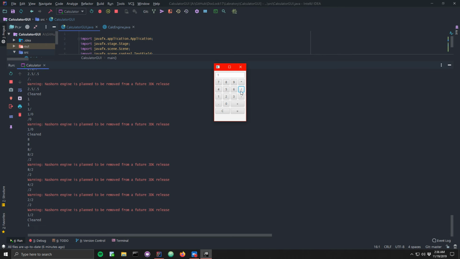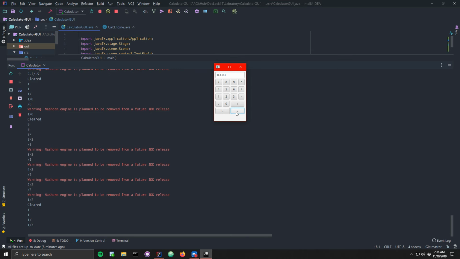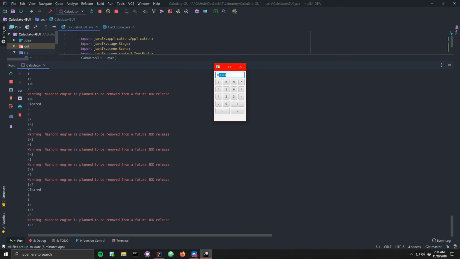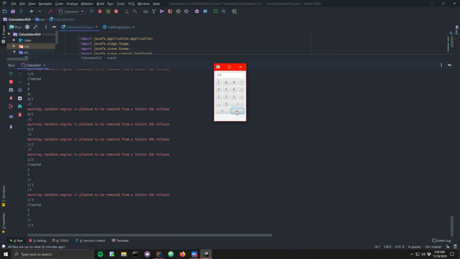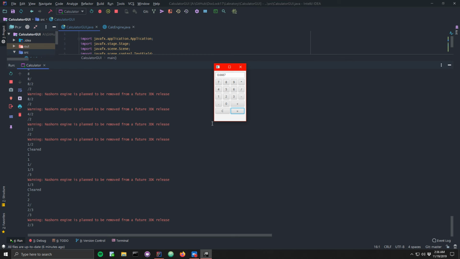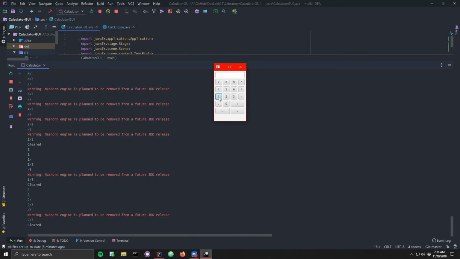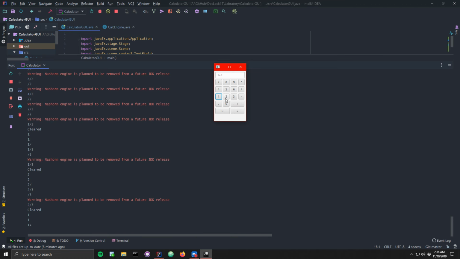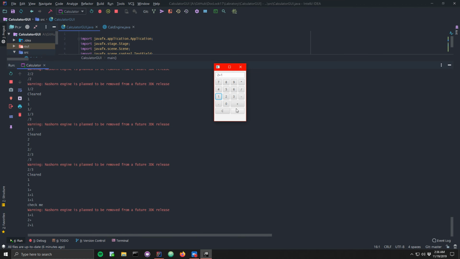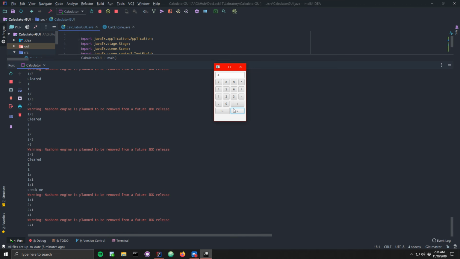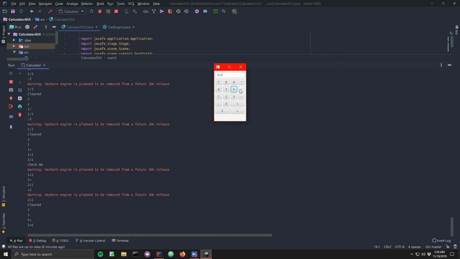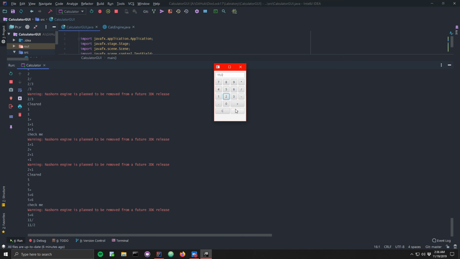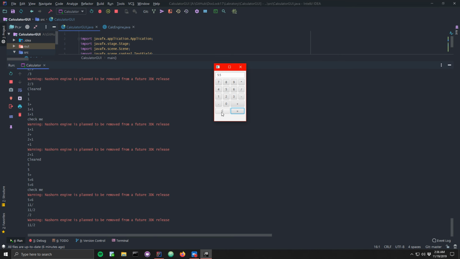And moving right along here, 1 divided by 3 gives us 4 decimals of accuracy. 2 divided by 3 gives us, again, 4 decimals of accuracy. 1 plus 1 plus 1 equals 3. And finally, 5 plus 6 divided by 2 equals 5.5.